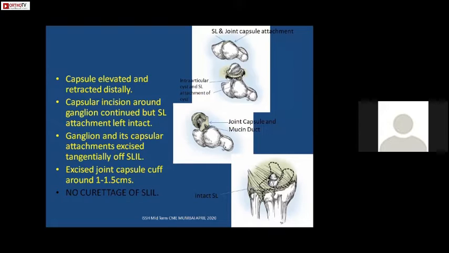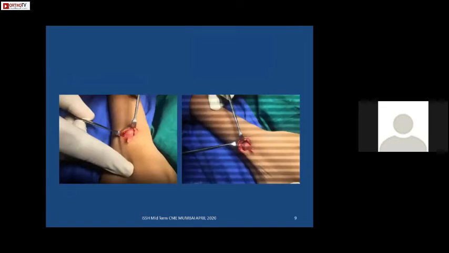The capsular incision around the ganglion is continued, but the SL attachment should remain intact. Ganglion and its capsular attachments are excised tangentially to the scapholunate ligament, and the intact scapholunate ligament should be seen well. The excised joint capsule should be around 1 to 1.5 centimeters, but the critical point here is not to curette out the scapholunate interosseous ligament.